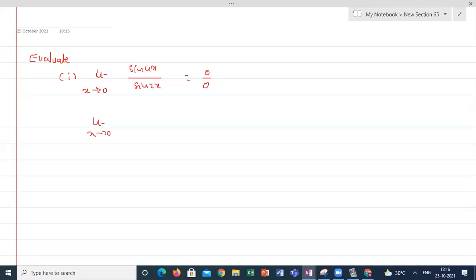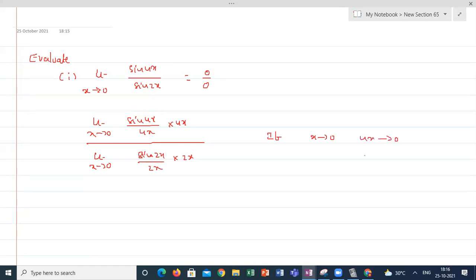Limit x tends to 0, I am writing sine 4x divided by 4x into 4x, divided by limit x tends to 0 sine 2x by 2x into 2x. If x tends to 0, 4x also tends to 0, 2x also tends to 0.